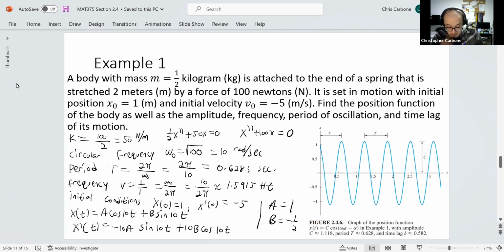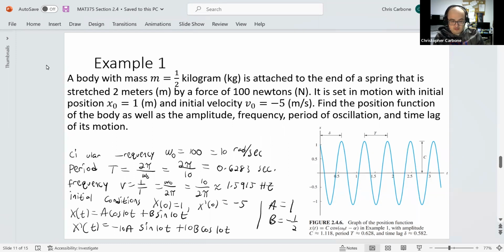So what does that mean for our equation? Let me erase this, and then we could continue with the rest of that to give our particular solution and answer the remainder of the question.